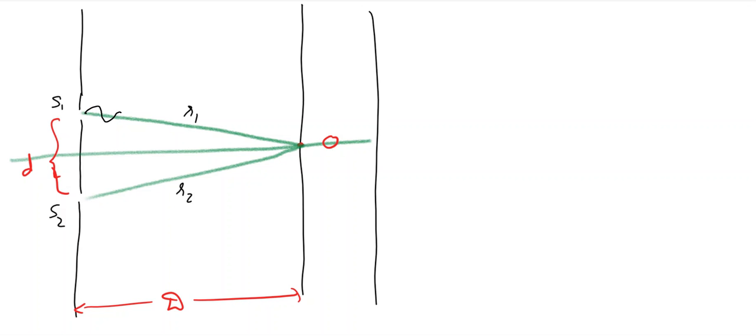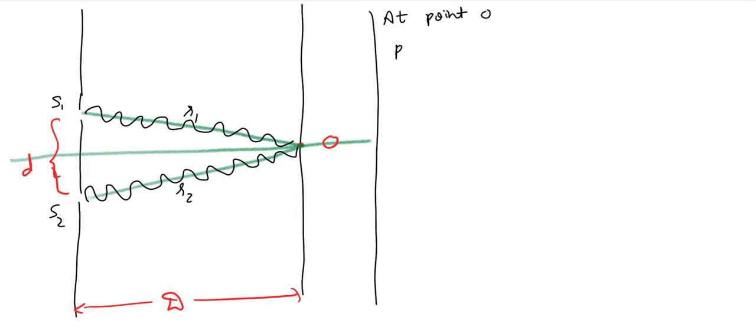Whichever number of waves you have accommodated on path R1, you will have the same number of waves on path R2. So at point O, the path difference, that is R2 minus R1, is 0.